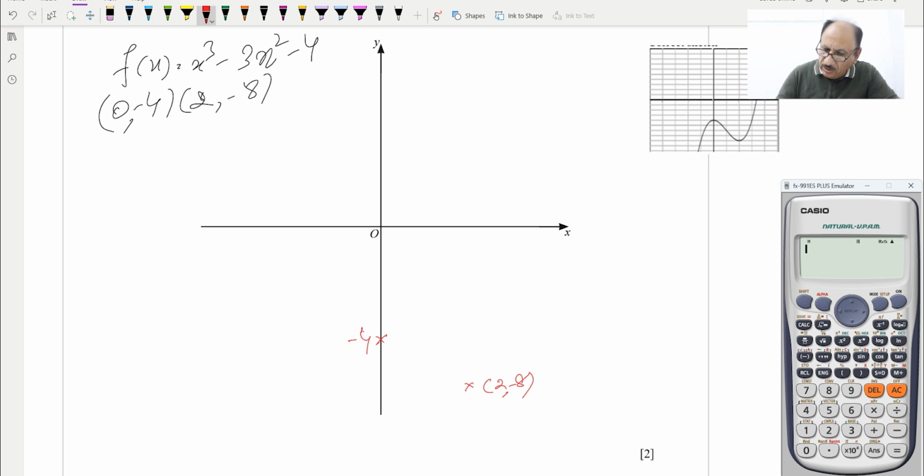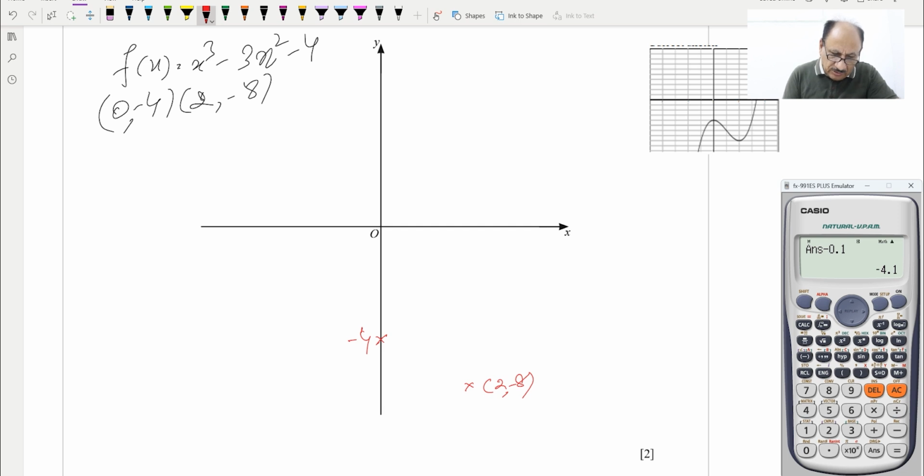This will be x cube minus 3x square minus 4. So calculate for x is equal to 0, we will get minus 4. If we take x is equal to minus 0.1, so a little lesser than 0 on the left side, we will get a negative number, minus 4.1.